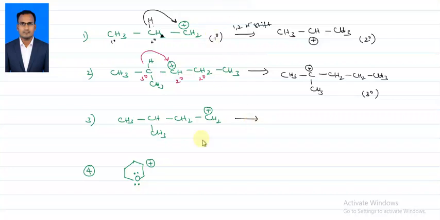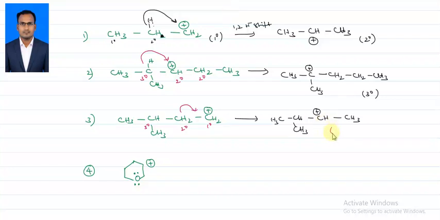Let's see another example. It is a primary, it is tertiary, it is secondary, and it is tertiary. Now from this secondary, one of the hydrogens has to be shifted. Now what is the product formed? CH3-CH+, hydrogen shifted, right? So CH3.